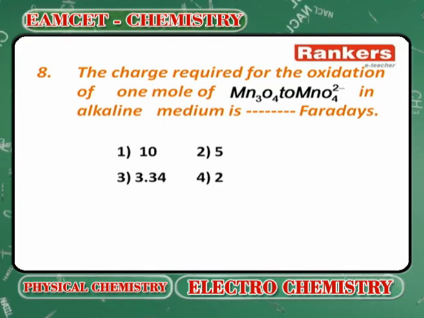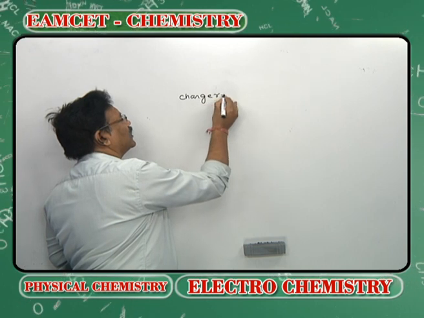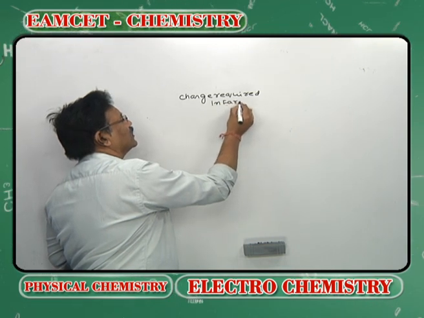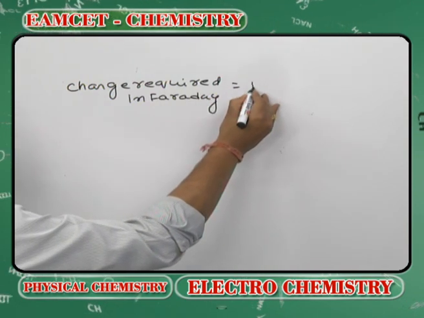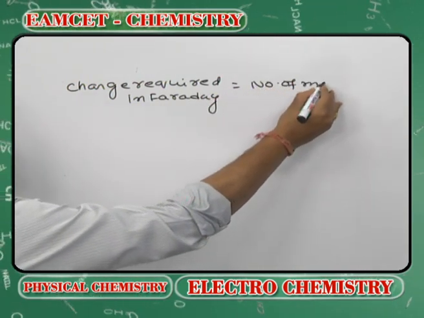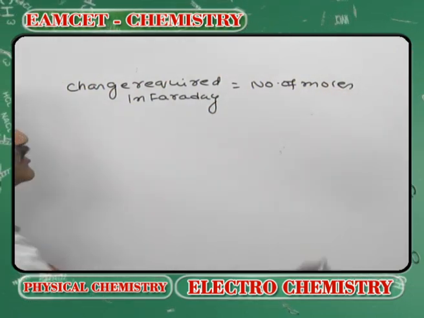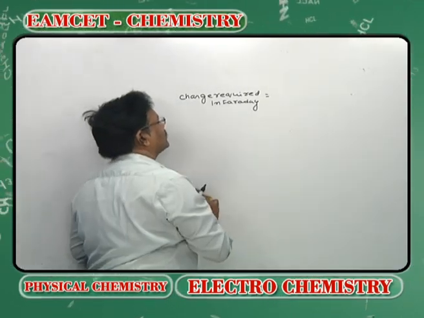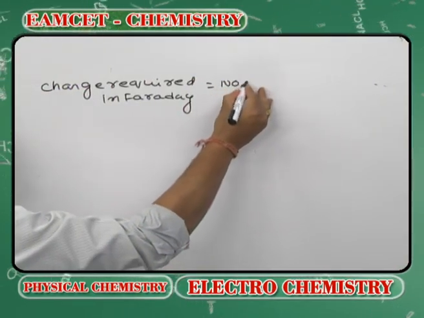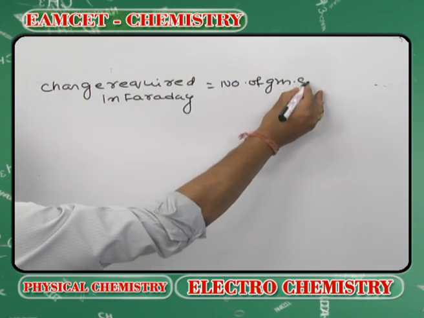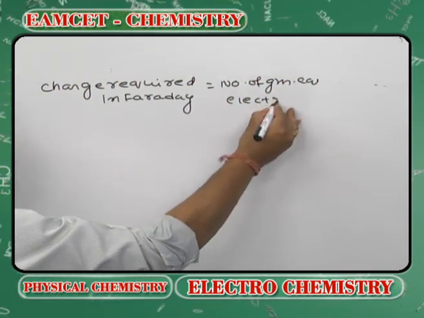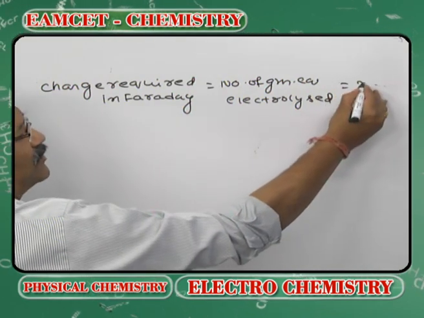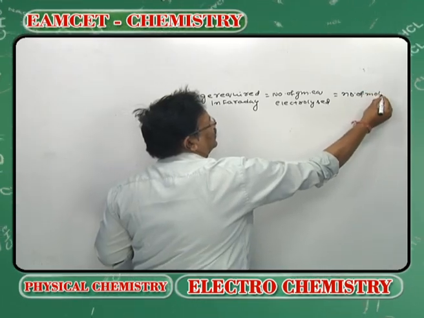So, charge required in Faradays is equal to number of moles multiplied by n factor, because charge required in Faradays is equal to number of gram equivalents electrolyzed, which is equal to number of moles multiplied by n factor.